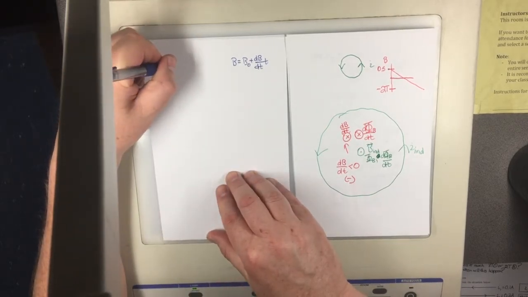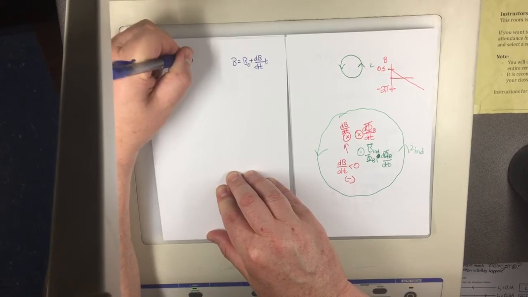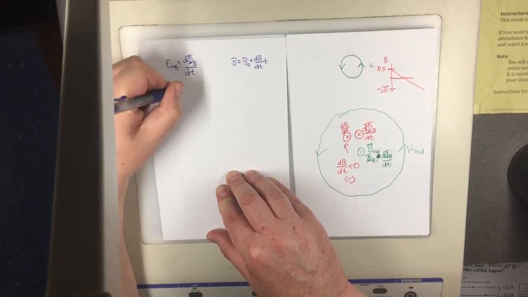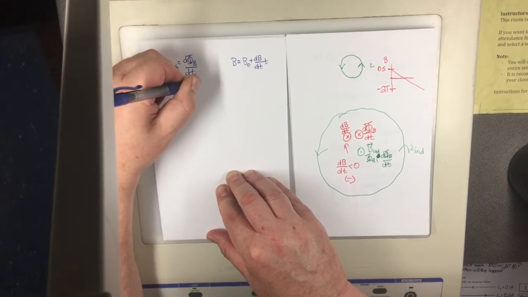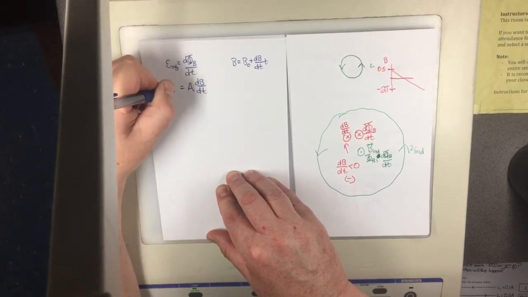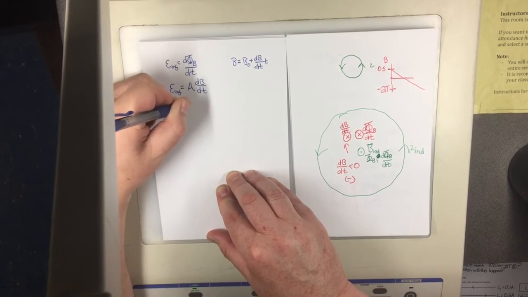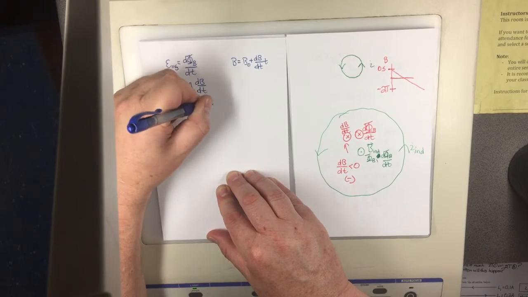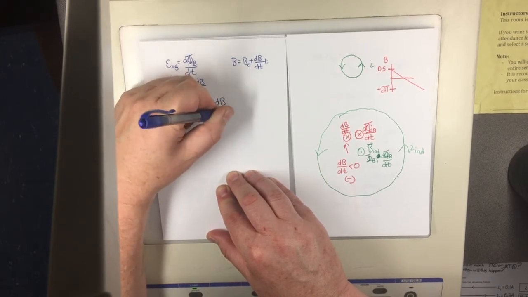The electromotive force, in terms of its magnitude, is d phi B dt, which is also A dB dt. The current is electromotive force divided by R, which is equal to A over R dB dt.